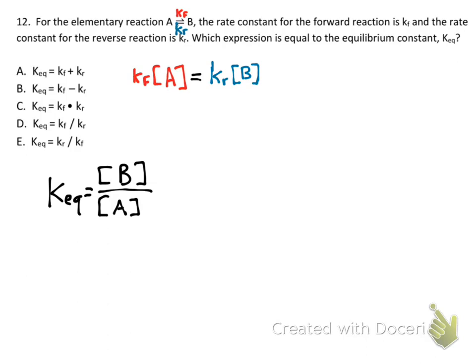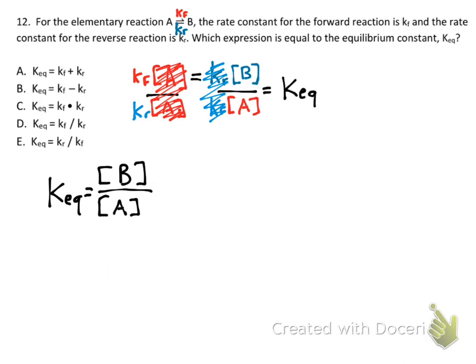In order to do that, we want to get B over A. So I'm going to divide both sides by A. That effectively cancels out A over here. And then in order to isolate B, we need to divide both sides by K sub R, which will cancel out K sub R over here. And we end up getting Kf divided by Kr equals B over A, which again is equal to our equilibrium expression. So it's going to be K sub F divided by K sub R.